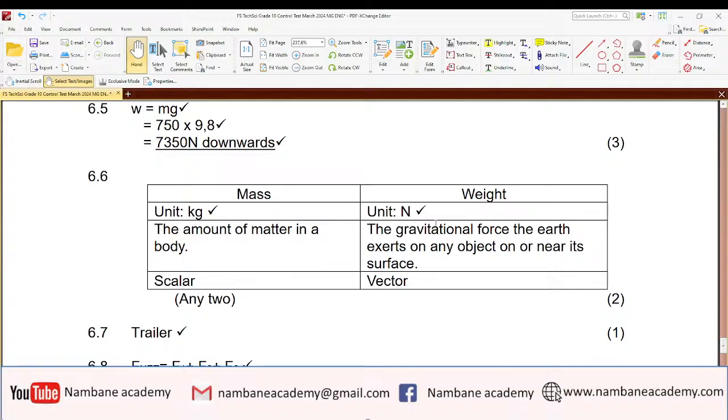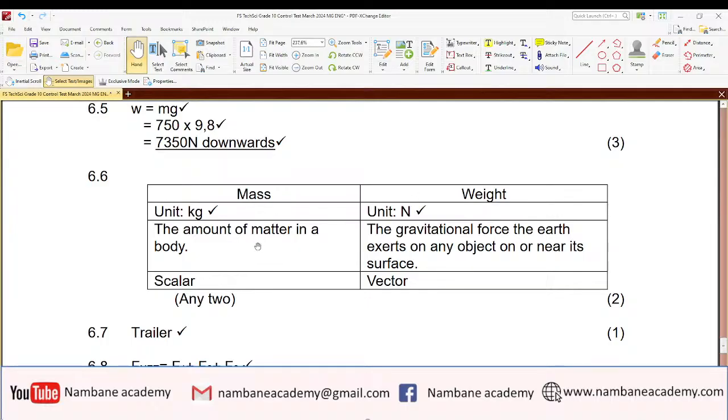Now for mass, measured in kg, 1 mark. Weight is measured in newtons, 1 mark. Ladies and gentlemen, they can write it in weights, kilograms or newtons. It is still fine. It is the difference between the two.